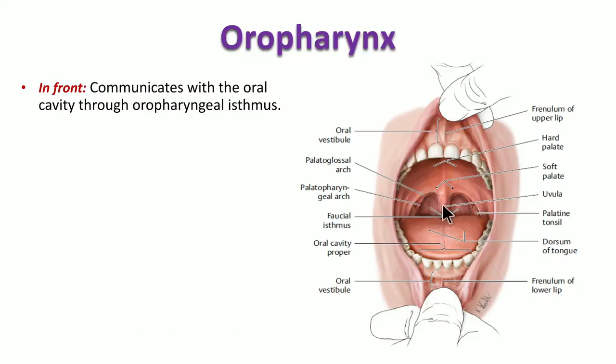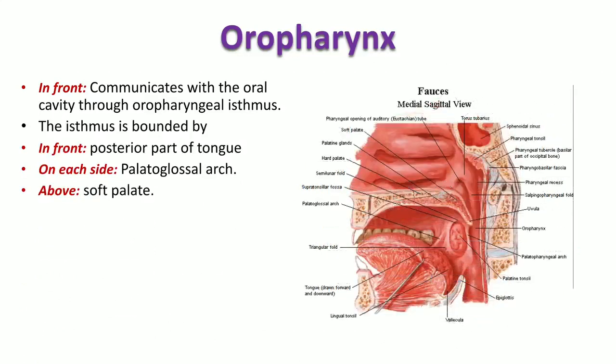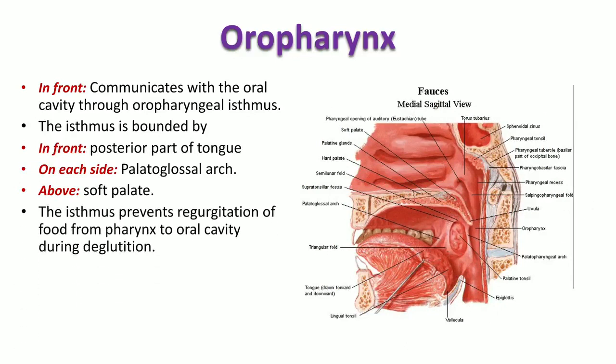So thereby the food does not regurgitate back into your oral cavity. So the boundaries, as I told you, are in front the posterior part of the tongue, above the soft palate, and on either side the palatoglossal arch, which forms the oropharyngeal isthmus. So it prevents the regurgitation of food. Once swallowed, food should not enter the oral cavity. That is why the oropharyngeal isthmus is present.